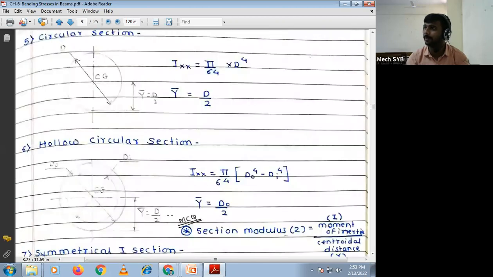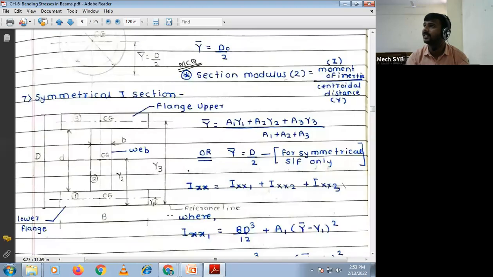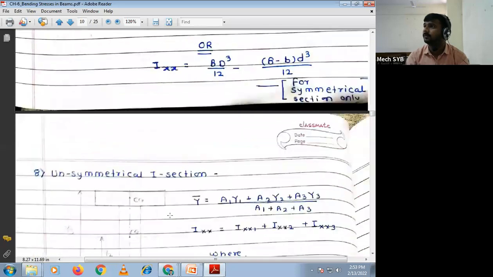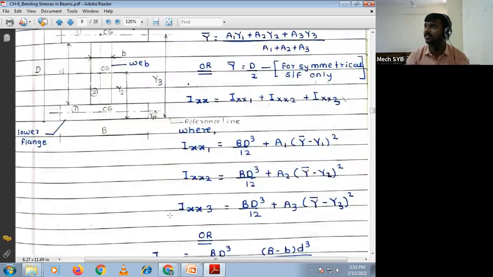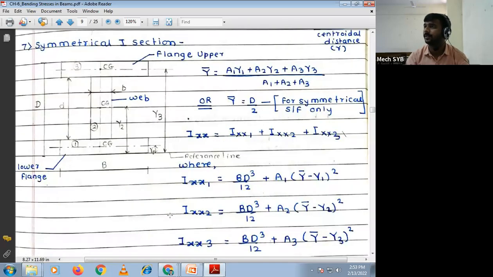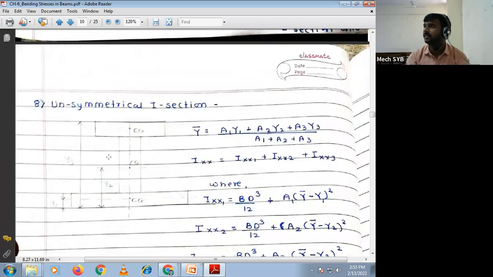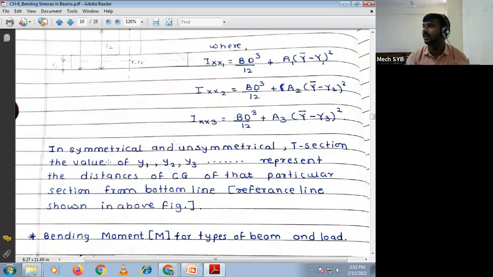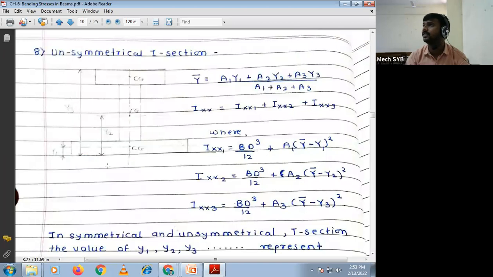And again, you are having some other common sections like I section. Then the unsymmetrical I section, then symmetrical I section, and then T section. So again, three common sections are there, I and T sections. Their formulas we will discuss in the next lecture.